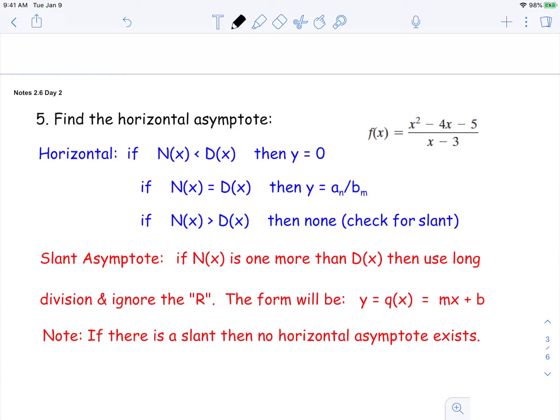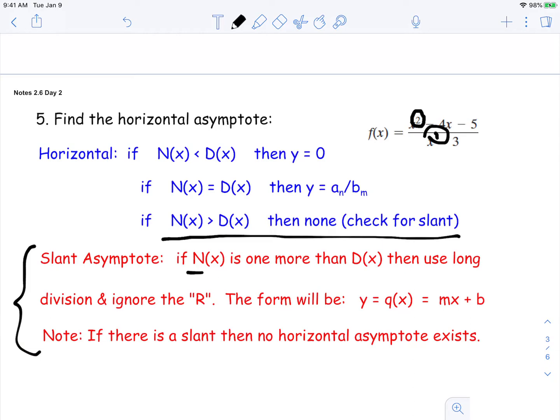Number 5 is to find the horizontal asymptote. The degree of the numerator is 2. The degree of the denominator is 1. So we have this situation, that the degree of the numerator is greater than the denominator. Now here's what's important in the red.